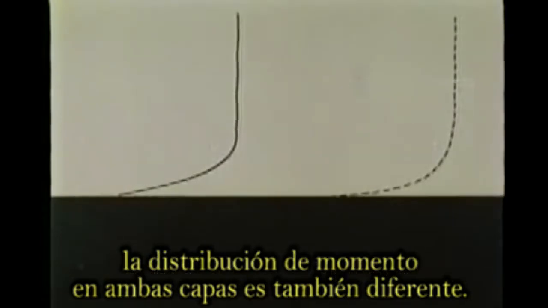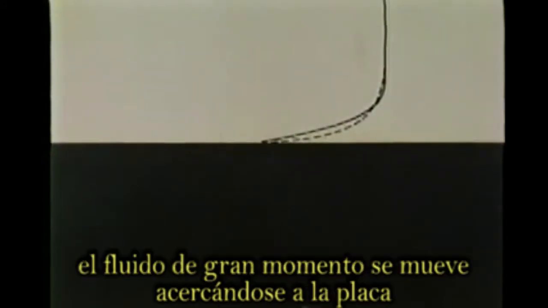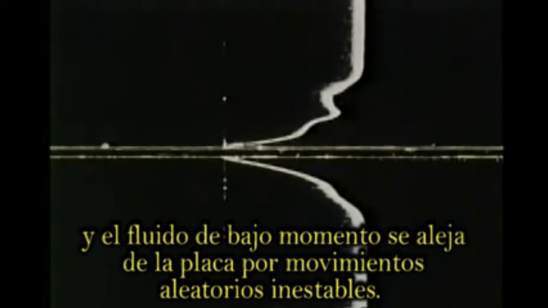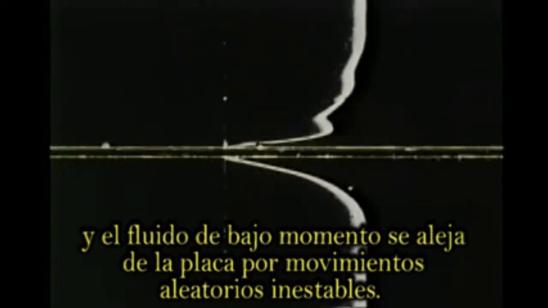The distribution of momentum in the two layers is also different. In the turbulent layer, high momentum fluid is moved toward the plate, and low momentum fluid is moved away from the plate by unsteady, random motions.